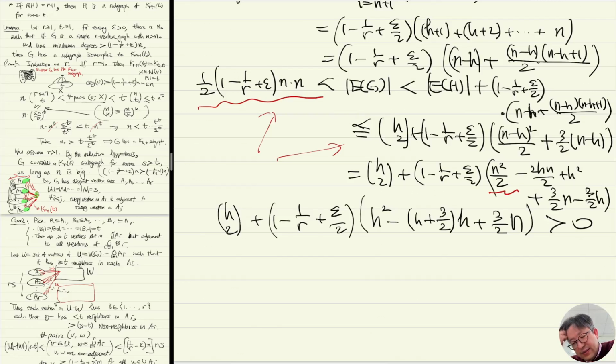Oh, I now realize where I made a mistake. So this is n times h. I wrote it as a function of h.